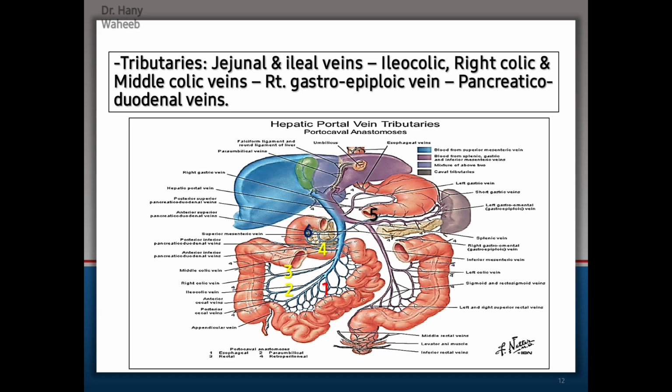It receives the right gastroepiploic vein from the stomach, and the pancreatico-duodenal veins from the duodenum and pancreas.